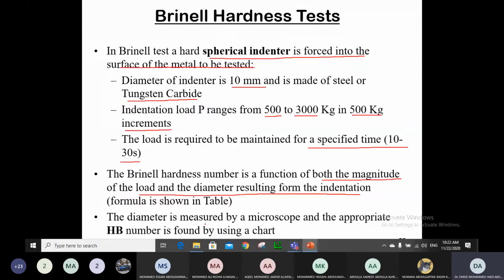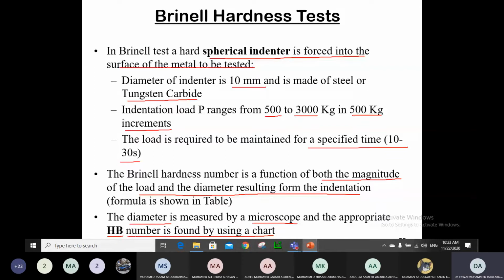The diameter is measured by the microscope. Actually not the diameter here, we say the diagonal is measured by a microscope. Normally this is done in order to be more accurate, and normally the number is put in this way, and the appropriate HB number is found by a chart.